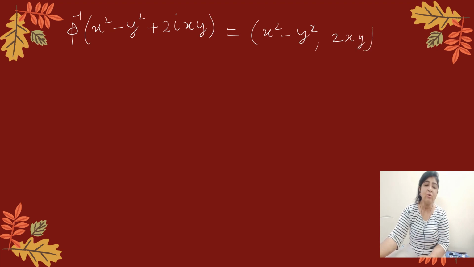Let us assume x square minus y square as f1(x, y) and 2xy as f2(x, y).